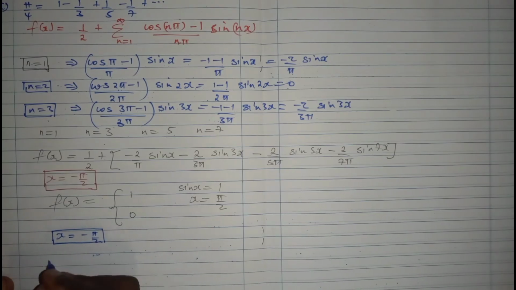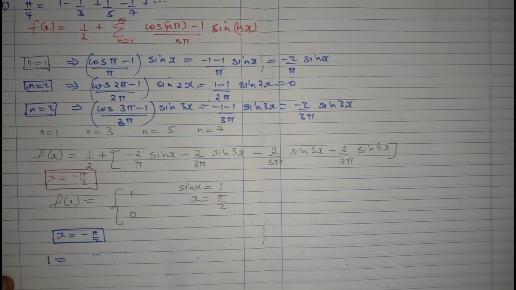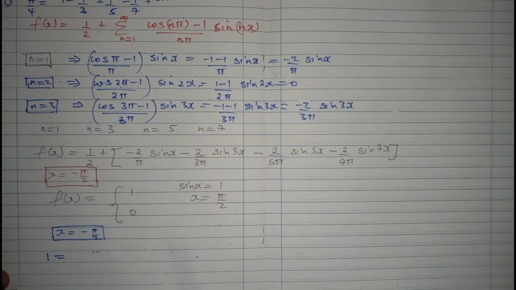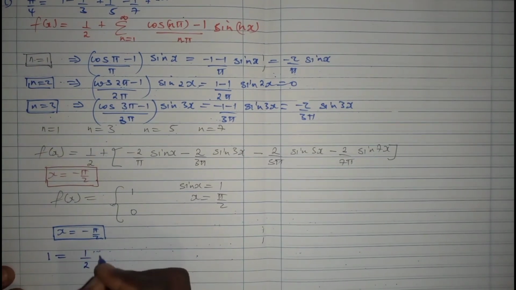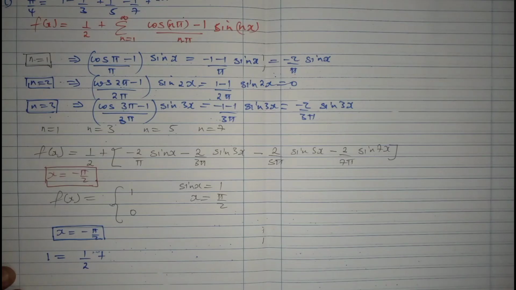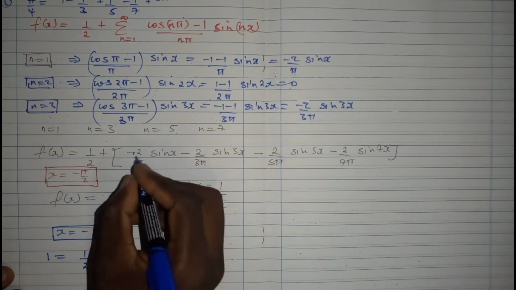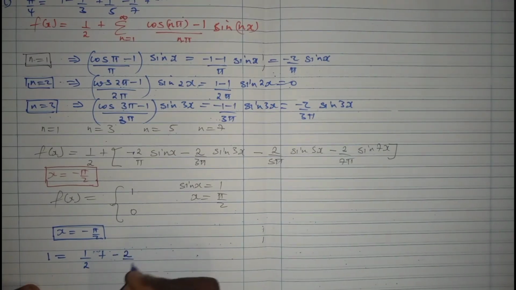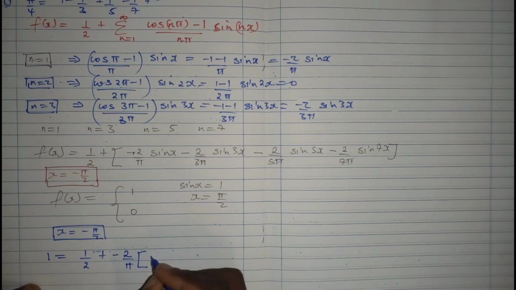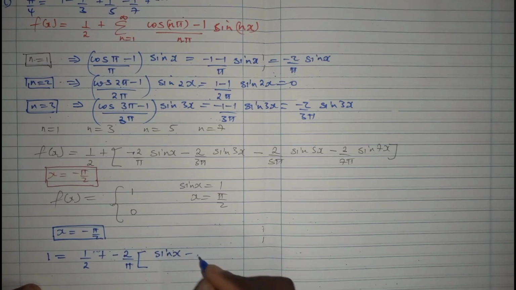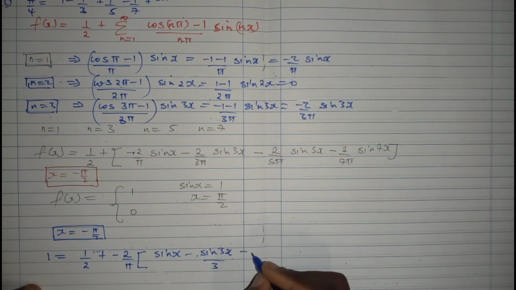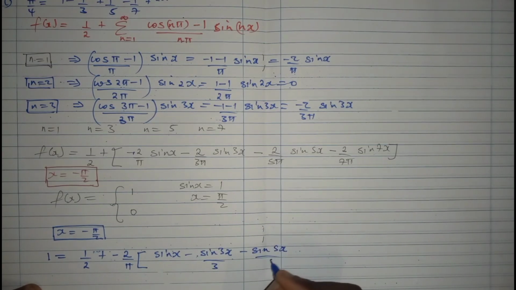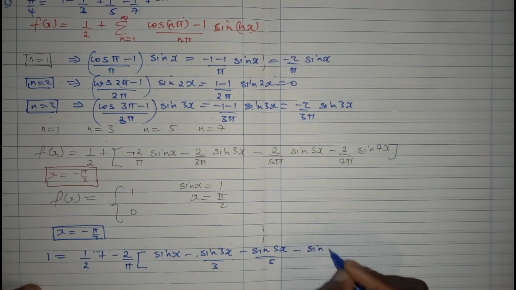So on the left hand side we have 1 for this one, and you're going to have 1/2 plus, okay, I think it's good if I just factor out the negative, negative 2 over pi, since it's common. I'm going to write minus 2 over pi, and I'm going to have sine x minus sine 3x over 3 minus sine 5x over 5 minus sine 7x over 7.